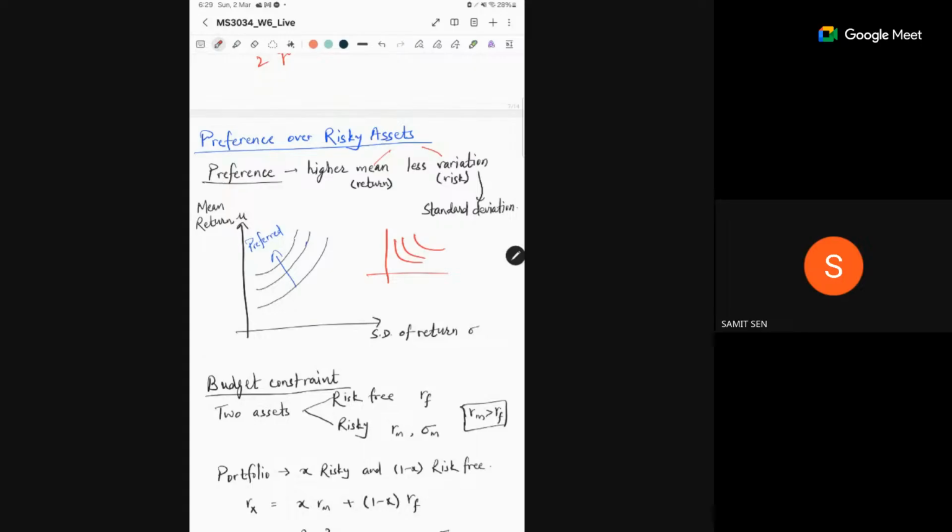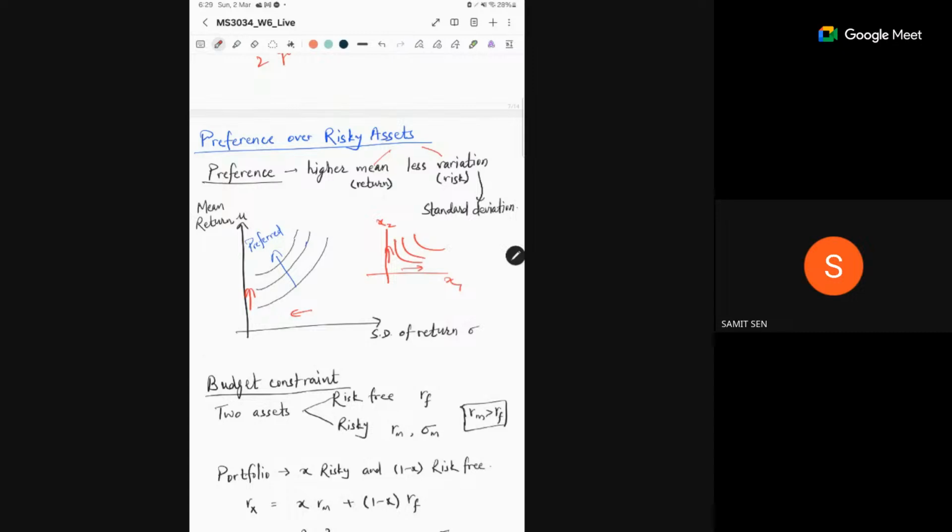Why? Because you would prefer less of this sigma, the variation, and more of return. Earlier you were preferring more of good one and more of good two. That's why the shape of the indifference curve was like that.